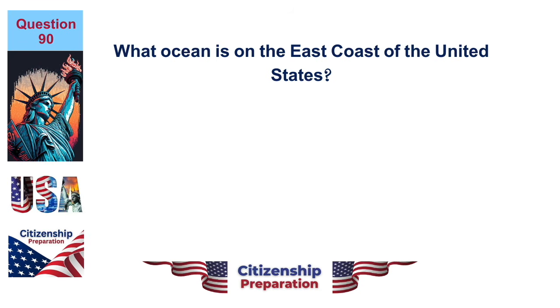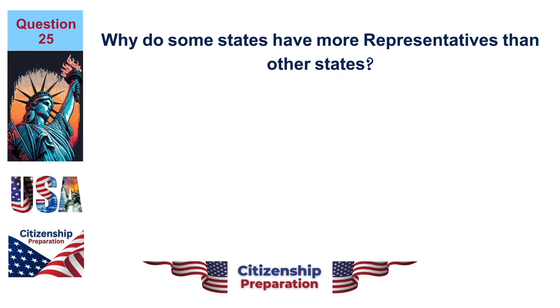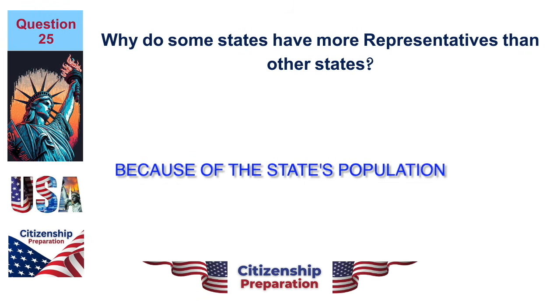What ocean is on the east coast of the United States? Atlantic Ocean. Why do some states have more representatives than other states? Because of the state's population.